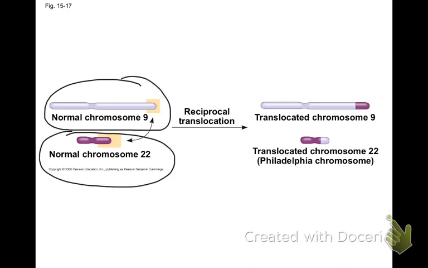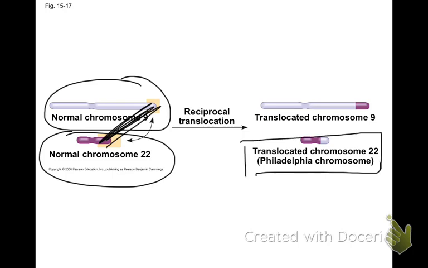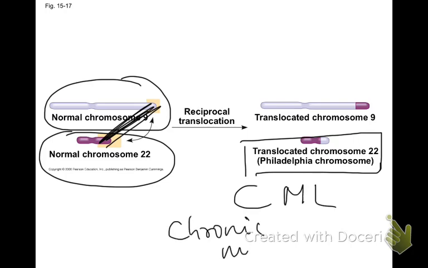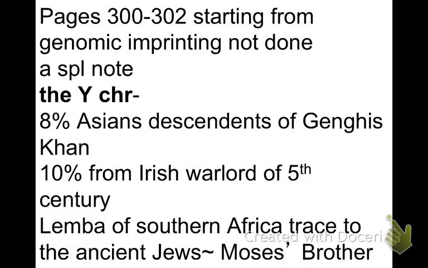There is no reason for them to exchange chromosomes, but they do, and in the end the translocated chromosome is called the Philadelphia chromosome. The outcome is CML, or chronic myelogenous leukemia. Okay, and then a few pages on genomic imprinting. I haven't covered that for our course.